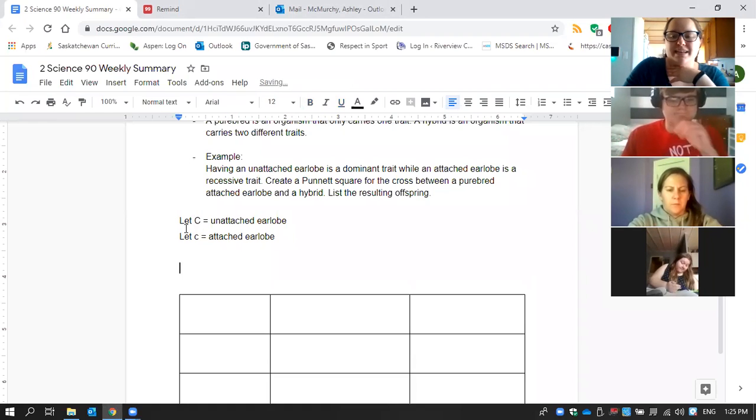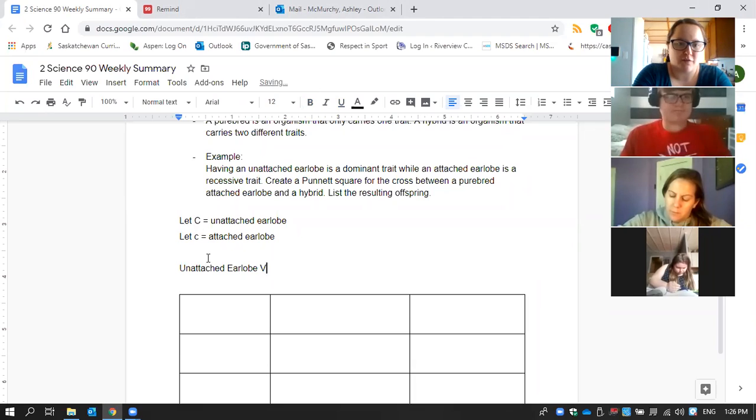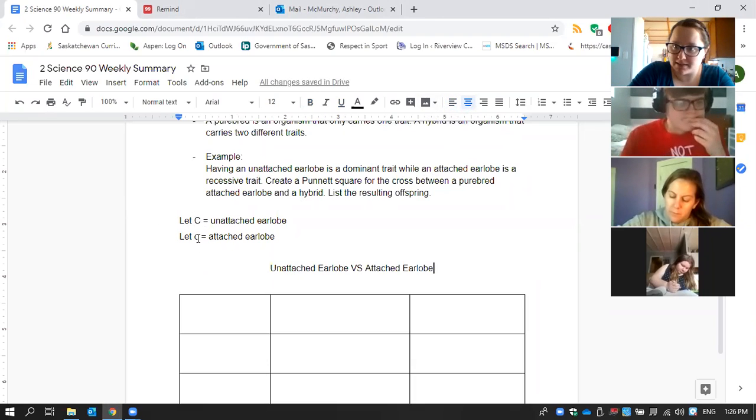The next thing we need to do with a Punnett square is give it a title. So what are we talking about here? You can just say your dominant versus recessive trait, but be a little bit specific: unattached earlobe versus attached earlobe. So you need a title. You need to do your let statements with your dominant or recessive trait.